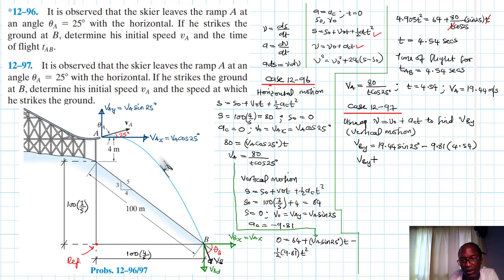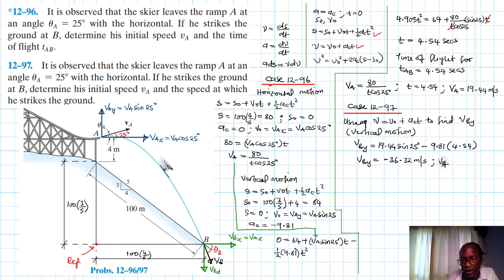Therefore, VBY is just going to be equal to 19.44 sine 25 minus 9.81 times 4.54. This gives us minus 36.32 meters per second.